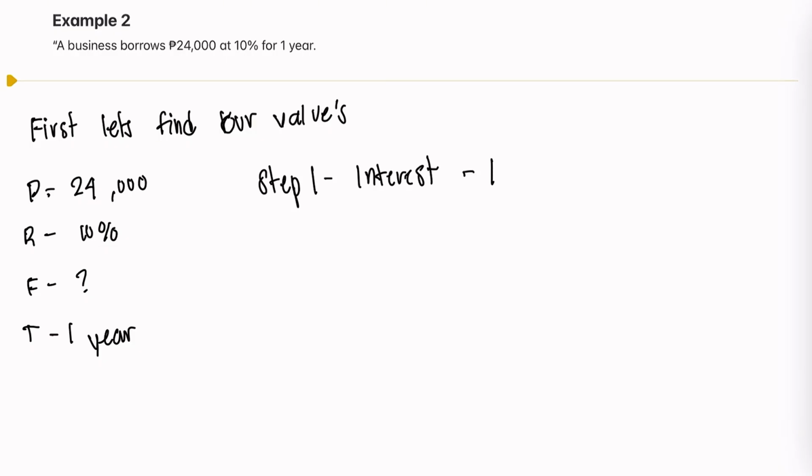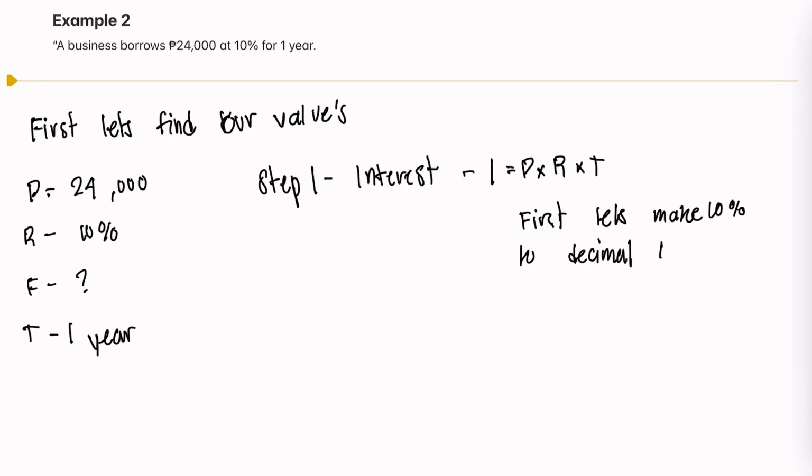The formula for the interest is I is equal to P times R times T. First, we will find our decimal. So let's change our 10% to a decimal. Ten divided by 100 is equal to 0.10. So we have our decimal now.